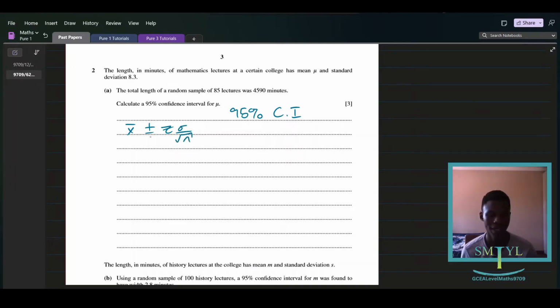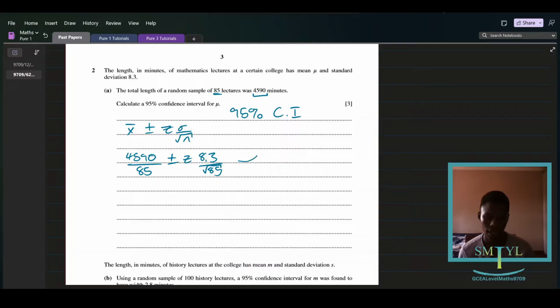In this case, our x bar would be 4,590 minutes divided by the number of lectures, so that's 4,590 over 85 plus or minus, we need to evaluate z. Sigma is 8.3 over root 85.